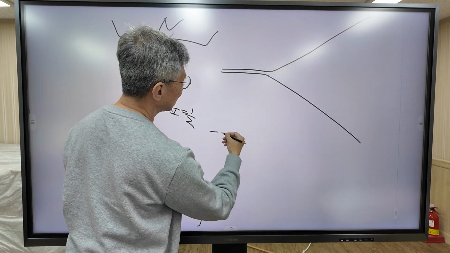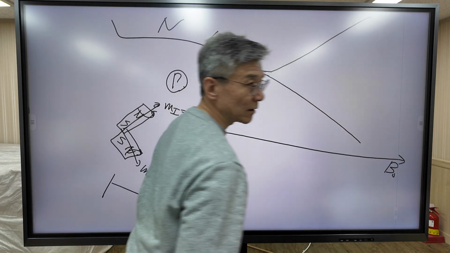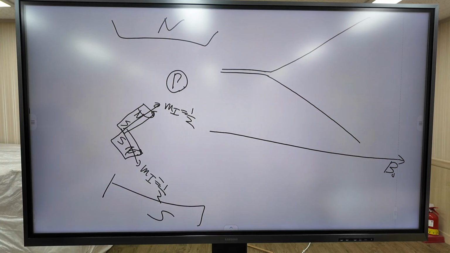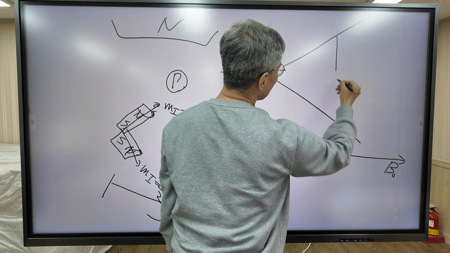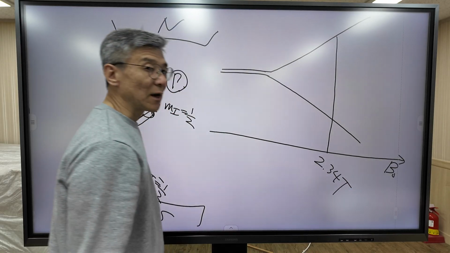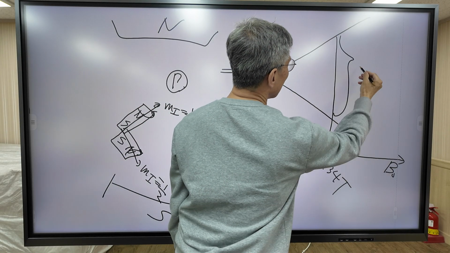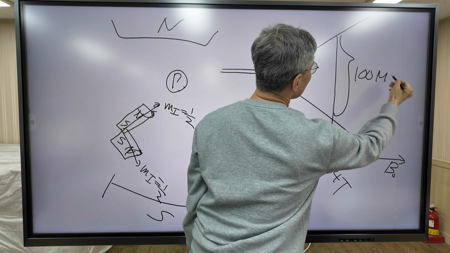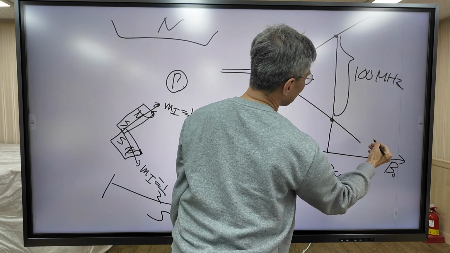The energy level depends on the strength of the applied magnetic field, especially when B0, which is the strength of the external magnetic field, is 2.34 Tesla, the energy gap is known to be 100 megahertz. This is up spin, this is down spin.